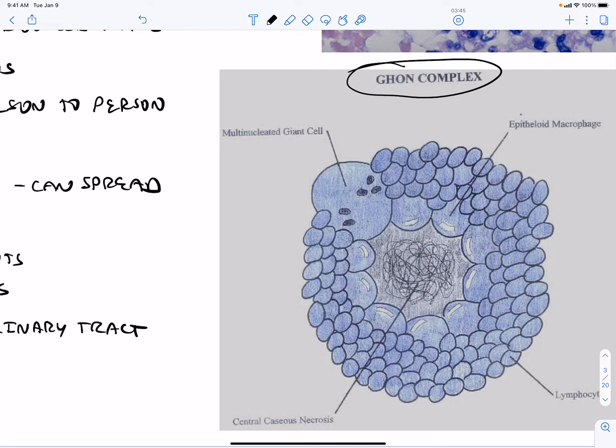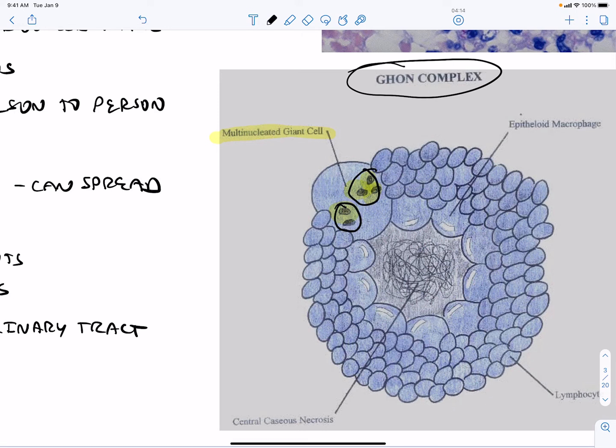What makes up this Ghon complex is our multinucleated giant cell, which has these foci where your Mycobacterium tuberculosis is actively dividing inside of that. A multinucleated giant cell is basically going to be your macrophages fusing together. The nuclei, which are these blobs, I'm sorry, they're not the vesicles, those are the actual nuclei.